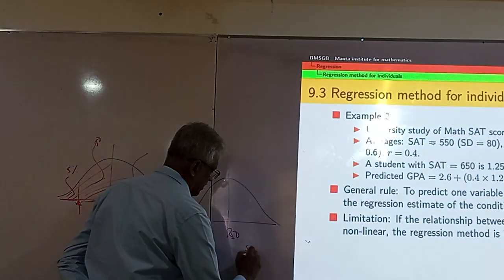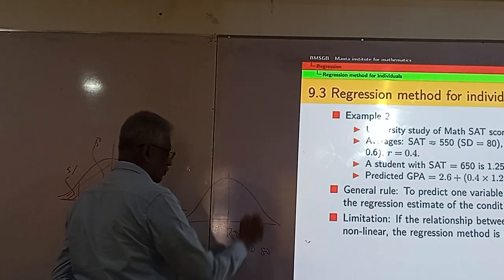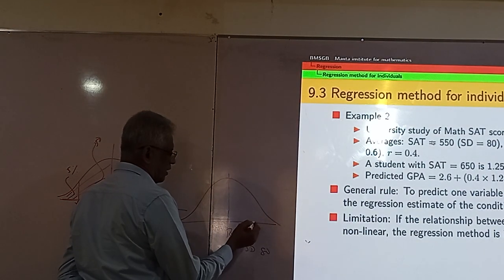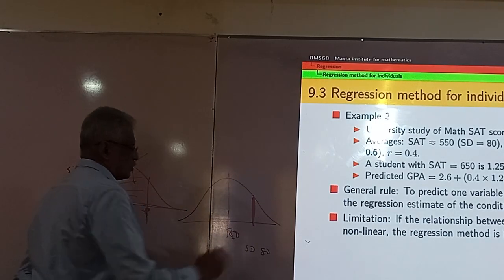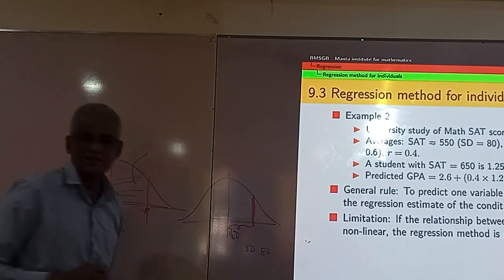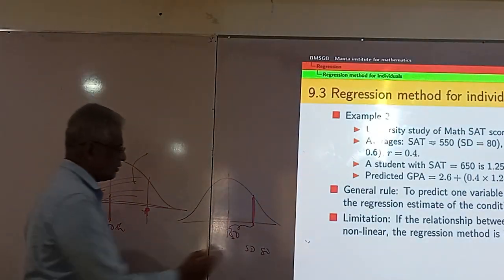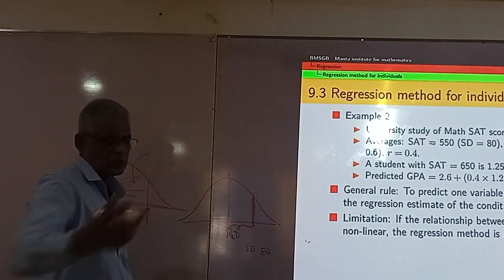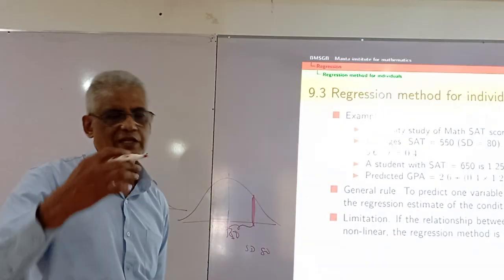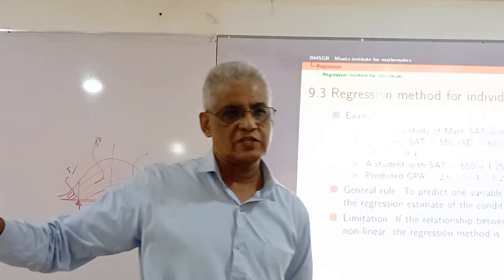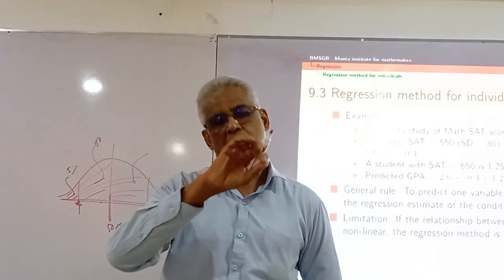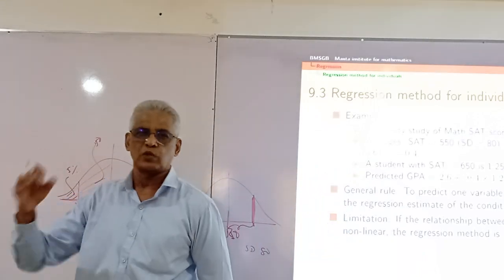We are told that one person is at the 90th percentile, so we want to find how many standard deviations above the mean. You can convert directly into Z values and take Z as giving how many standard deviations, because Z values directly give you how many standard deviations above or below the mean.